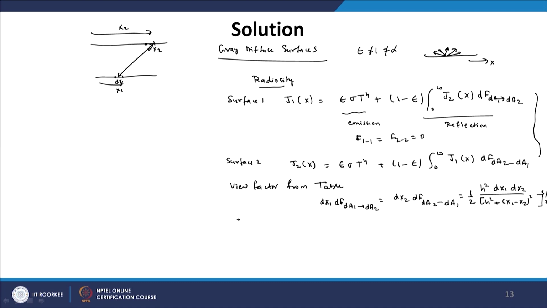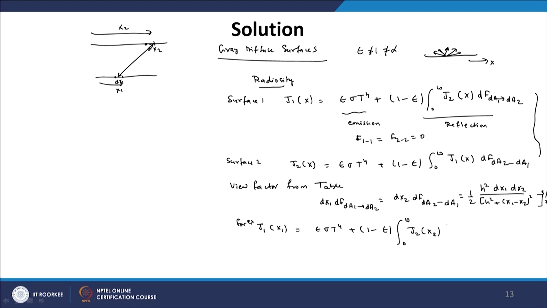So, for example, J1 at x1, now we have introduced the specific x coordinate x1 for the plate 1, is equal to epsilon sigma T power 4 plus 1 minus epsilon integral 0 to w of J2, let us call this x2, and dF dA1 to dA2.